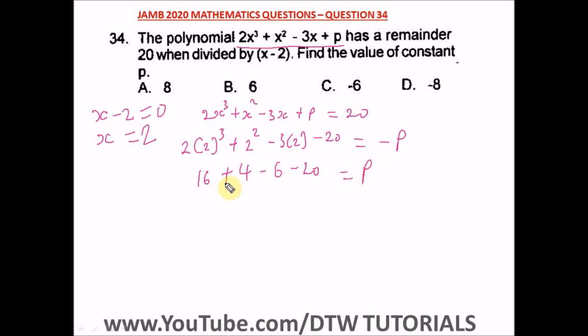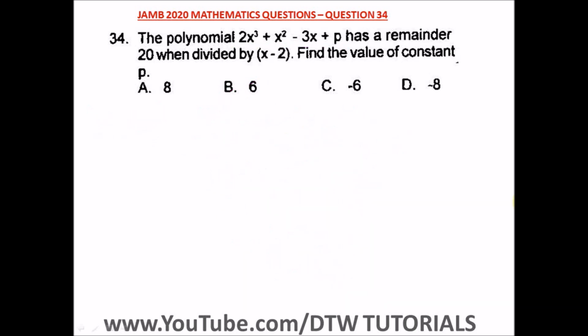From BODMAS, we have to add first before we subtract. So this is 20 minus 26 equals minus p. This is minus 6 equals minus p. Minus cancels minus, so p equals 6. So that's our answer for question number 34. So let's go to question number 35.